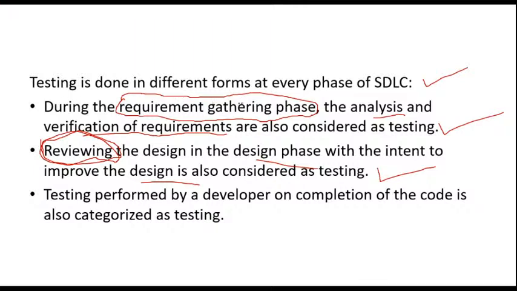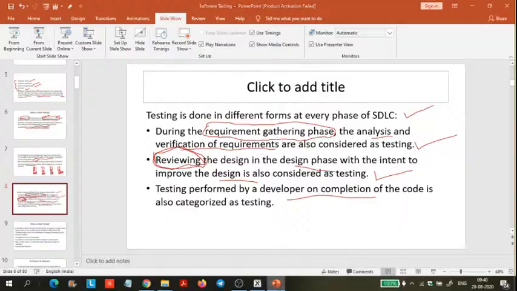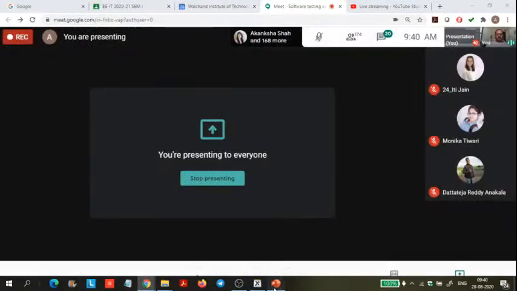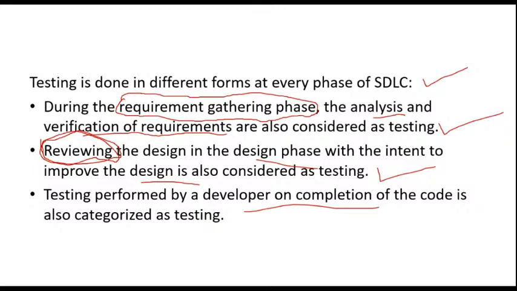Then testing performed by the developer on the completion of a code is also categorized as testing. Code means unit testing. The code testing, whatever we do, we have different methods like white box testing.